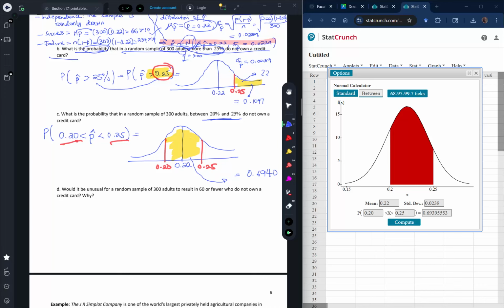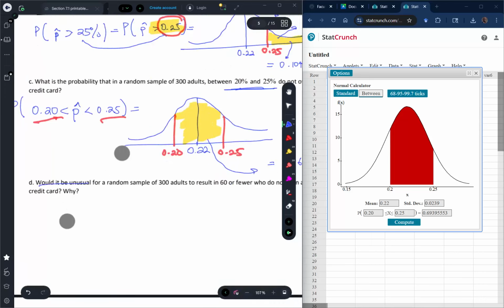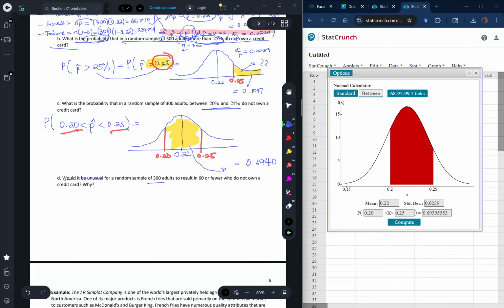The next part of the question says, would it be unusual for a random sample of 300 adults to result in 60 or fewer who do not own a credit card? How do we measure what's unusual? Recall in earlier discussions on probability, an unusual event for the purpose of classroom use would be any event whose probability is less than 5%.